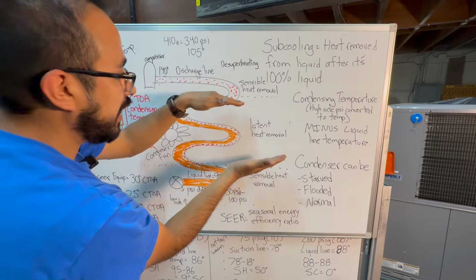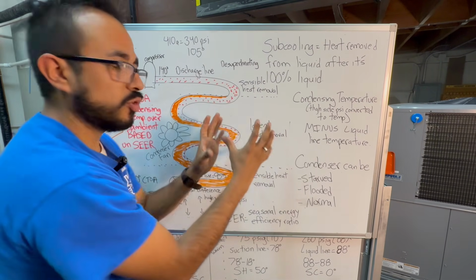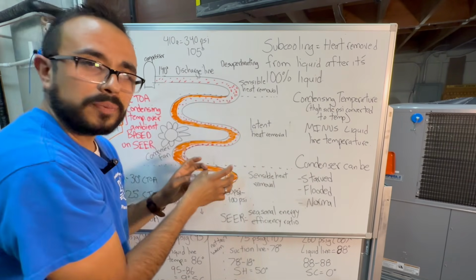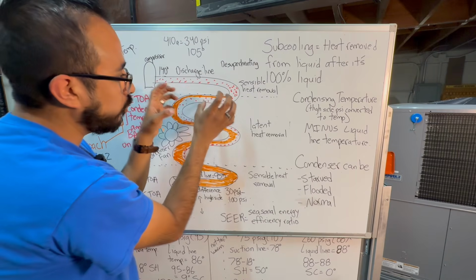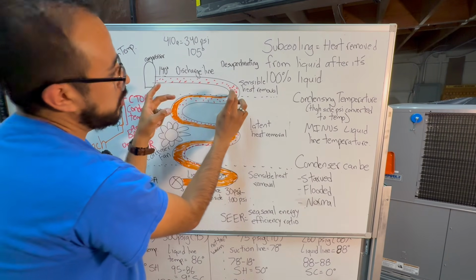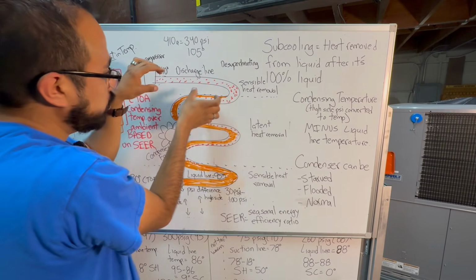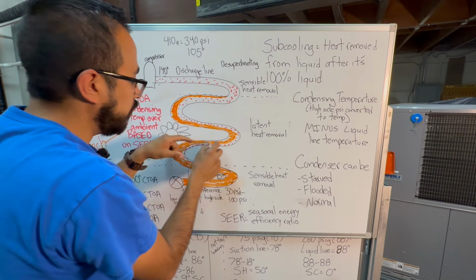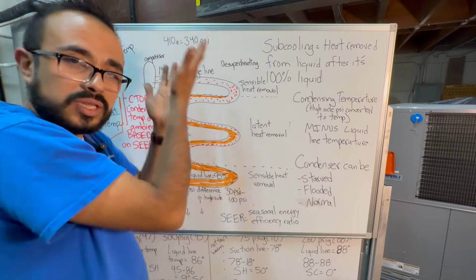Then it enters the latent heat removal process, or the condensing, where we're condensing the vapor to liquid. As you can see, you start developing the first molecule of liquid, and you still have vapor, but as it continues, you have more and more liquid and less vapor because we are removing the heat.